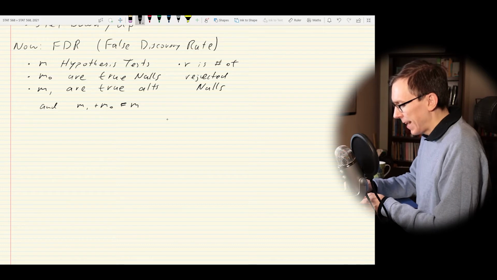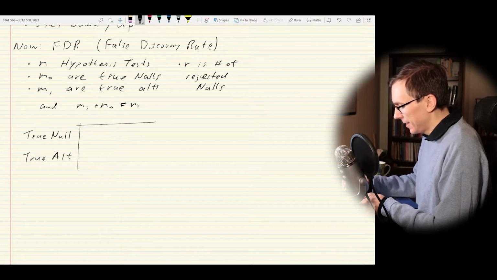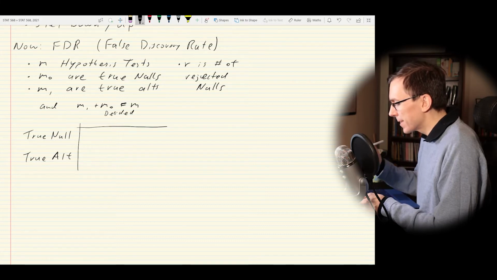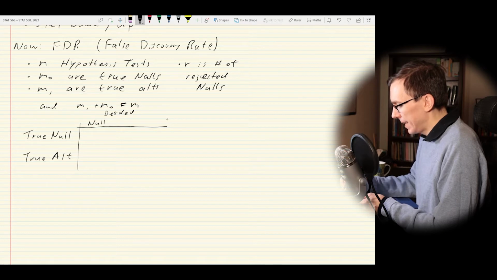The table we're going to have, we'll say true null, and we're going to have true alt. And for the columns, we're going to have the decided or chosen. Basically, what did our test say? Decided null or decided alt.